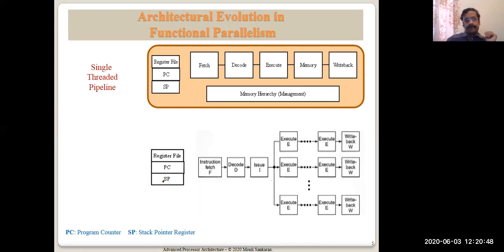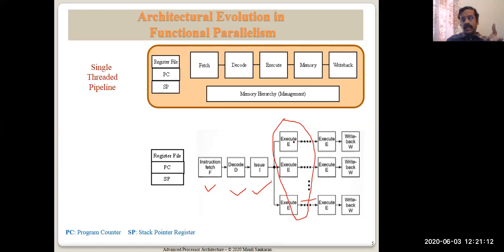Now, next thing, what we learned about the superscalar pipeline. So these are the modules which are single unit in the chip, and multiple execution units are there in the chip, functional units or execution units. And why am I showing this dotted?